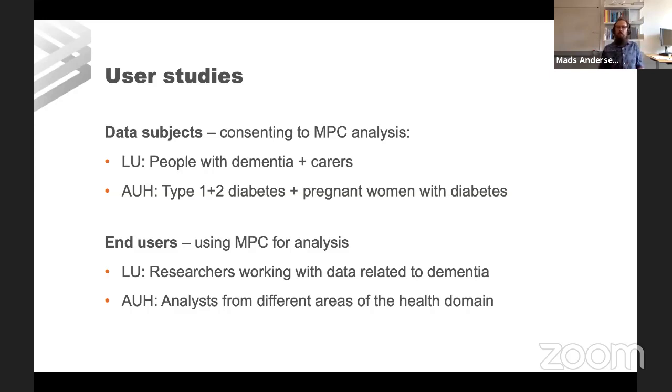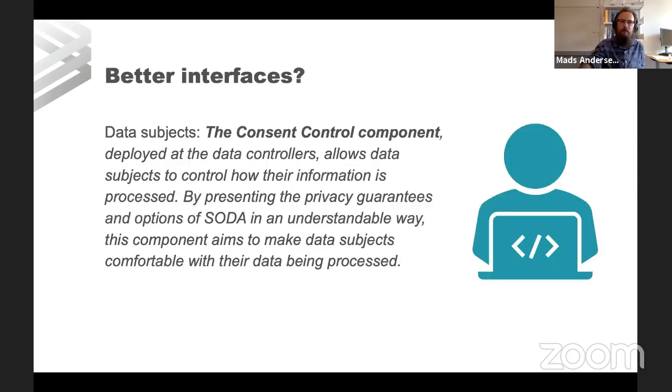In Denmark, we interviewed and held workshops with a broad range of analysts from different areas of the health domain, from research doctors to administrators at hospitals, and people from the public sector at a higher level.